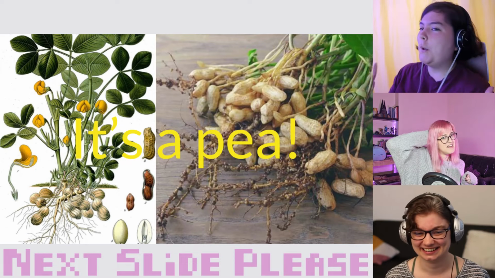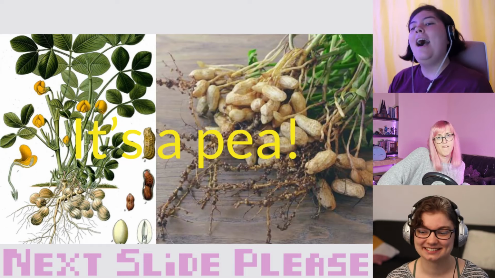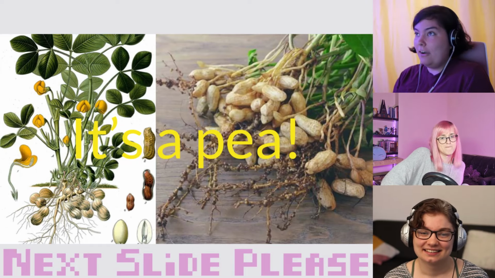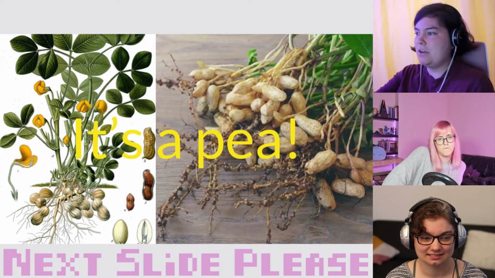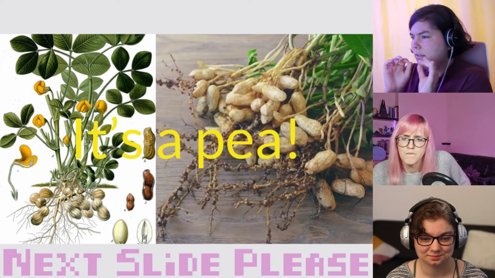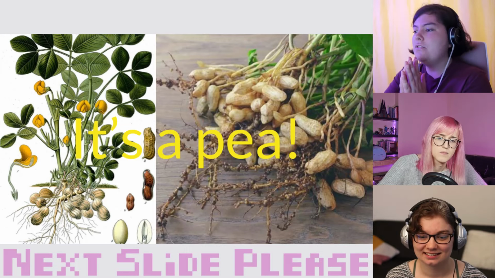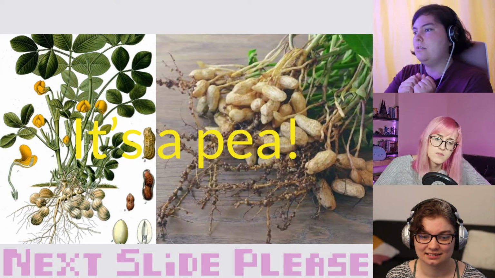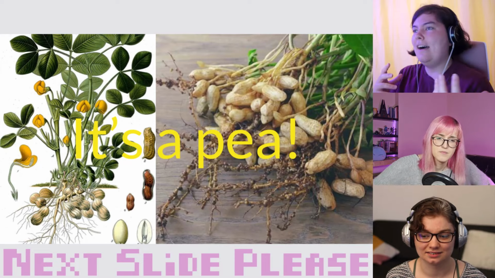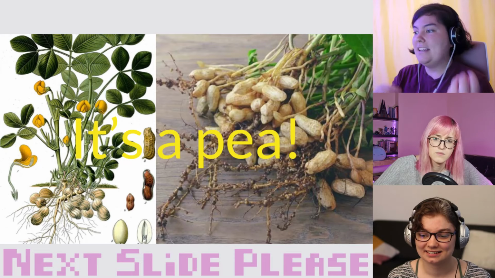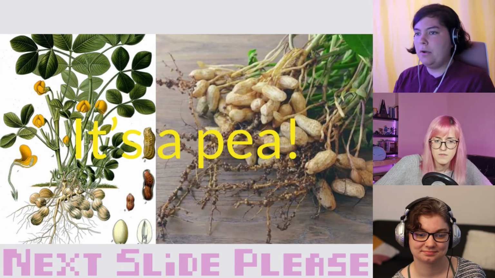Well, it's a legume. I don't know if it's specifically a pea, but it is a legume. And peanuts actually grow in an incredible way. You can see on this picture on the right all these little bubbles on the roots. Those are the root nodules, there to be a habitat for nitrogen fixing bacteria.